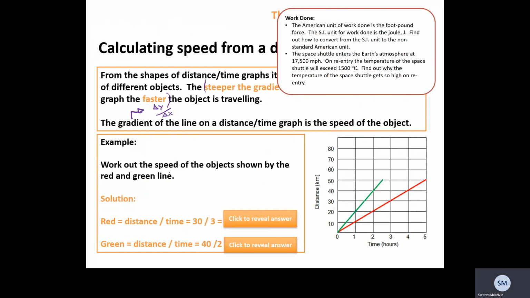Work out the speed of the object shown on the red and green line. I'm going to do the red line. So what's the difference in y? Well, my red line got to 50 kilometers, and it started at 0 kilometers.